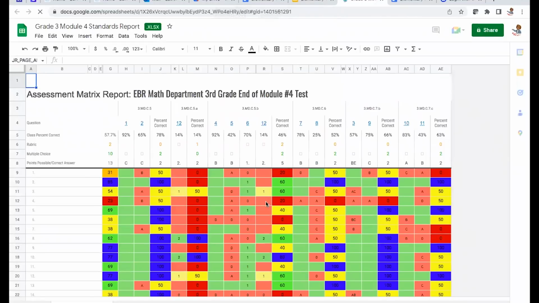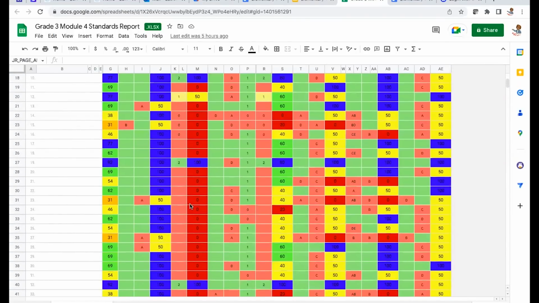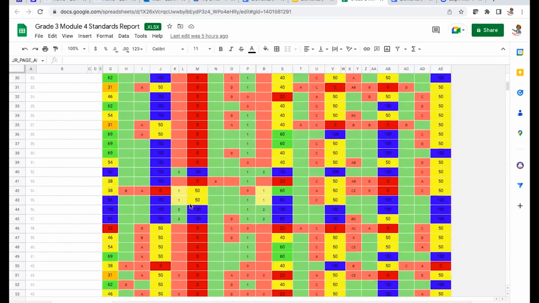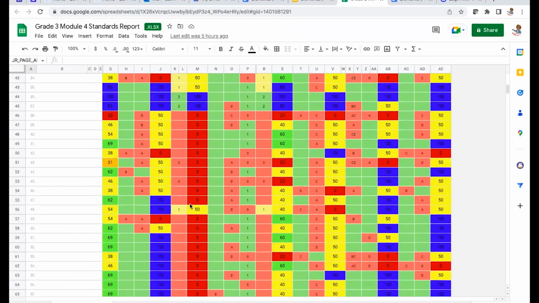And this is actually real data from one of our schools without any identifying features here. So when you look at this matrix report, and I am looking at the standard space report, and I look at that standard where students had the most challenges, I'm looking at this class and I see that this is actually an entire grade level at one school, that the entire grade level at this school, this was a challenge.